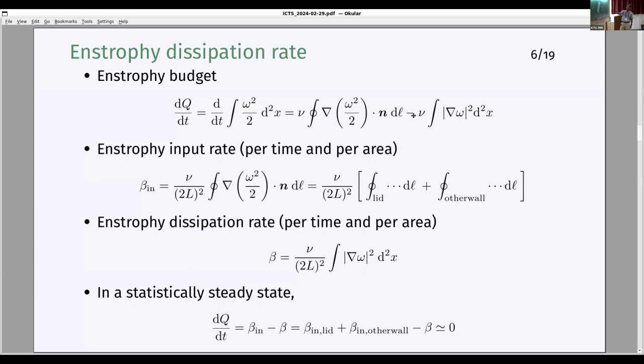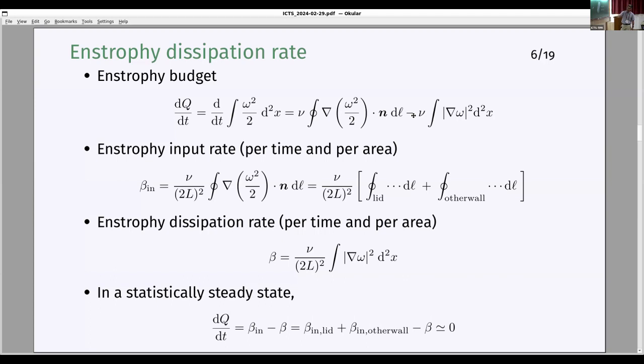The last term is the term we are most familiar with. As I show you in the next slide, this term actually acts as an entropy input. Here I denote it beta in. The entropy input can be written here.